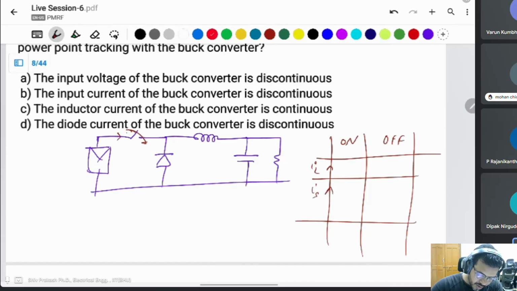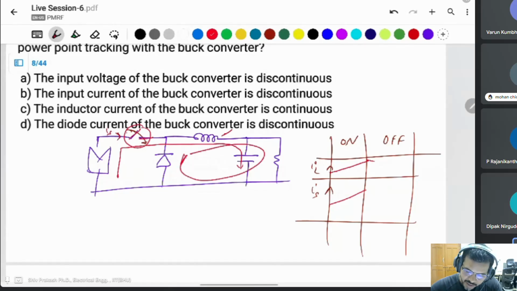When the switch is on, current will flow like that. IL is connected to the source Vs, so the IL current will increase. Same thing, the source current is the same as IL. But when the switch is off, what happens? The circuit is disconnected from the source, and the inductor current flows like that.